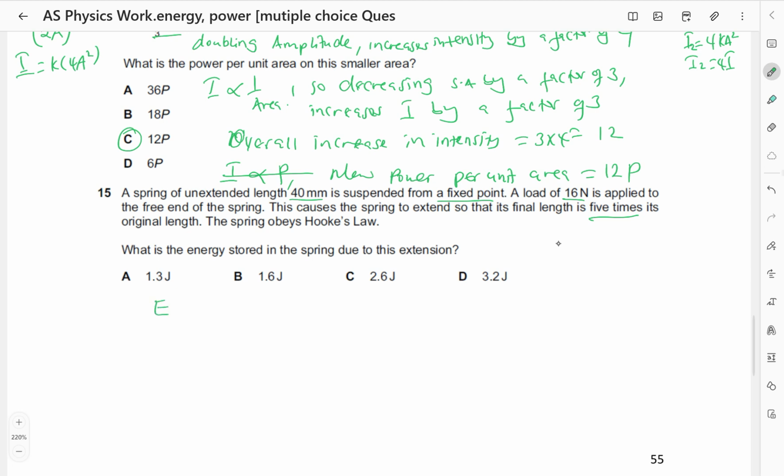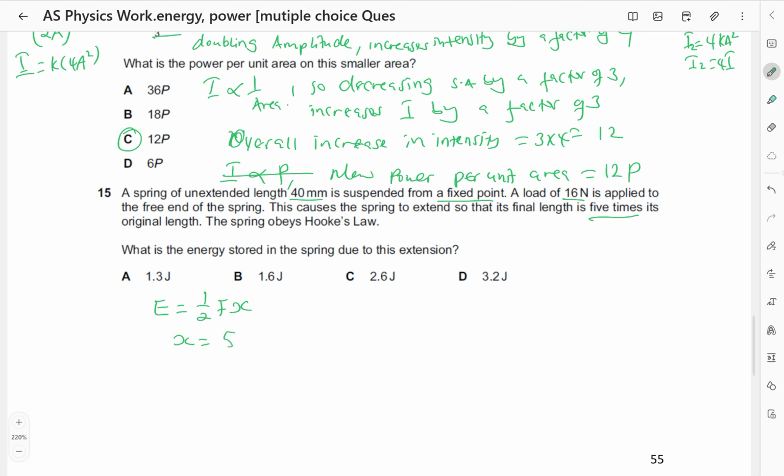So we know that energy stored is equal to a half times the force times the extension. Because it extends to 5 times its original length, if the original length is L, the new length is 5L.